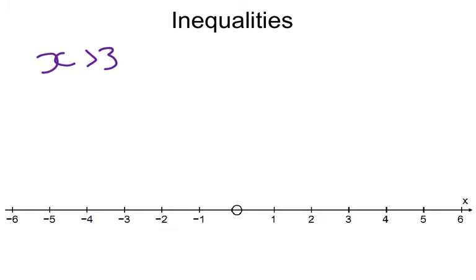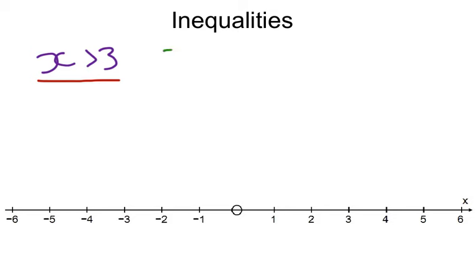So here we have the inequality x is bigger than 3, or x is greater than 3. And what that means is the value of x could be absolutely anything that is bigger than 3.